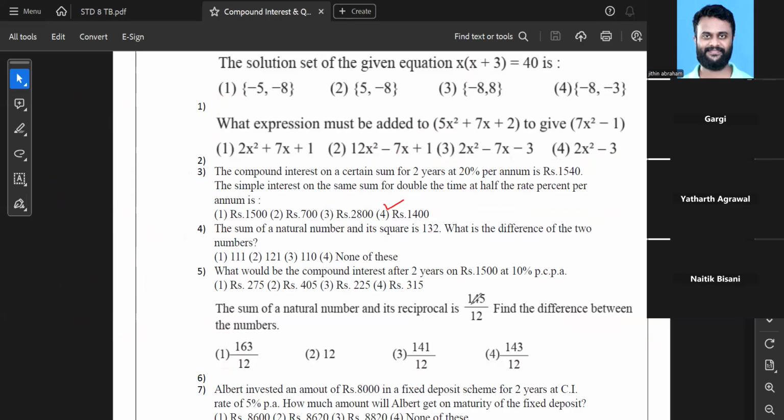So for this the correct answer is option 4. Now let me just feed this.